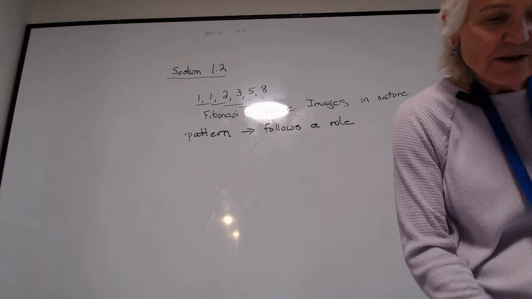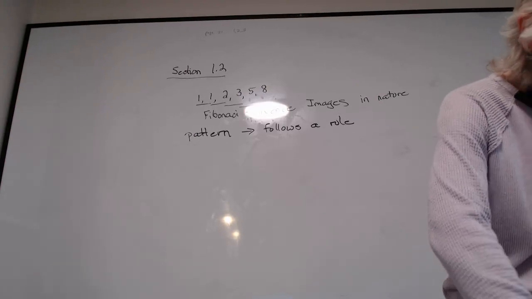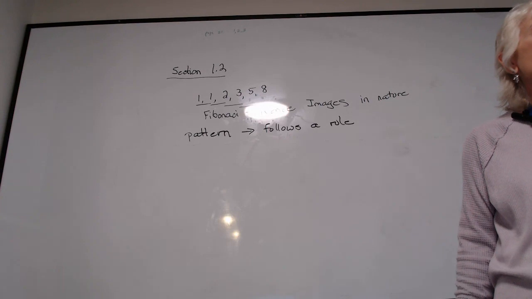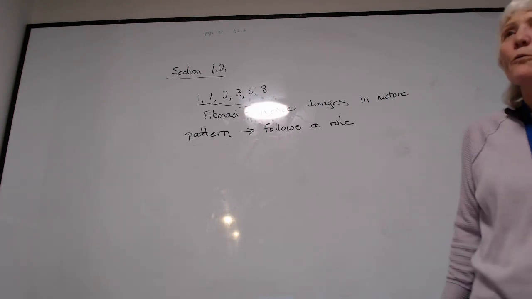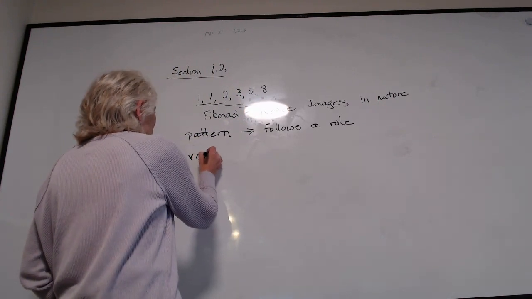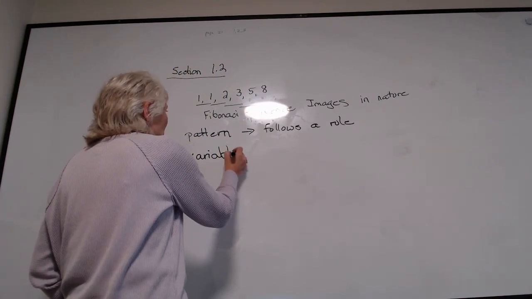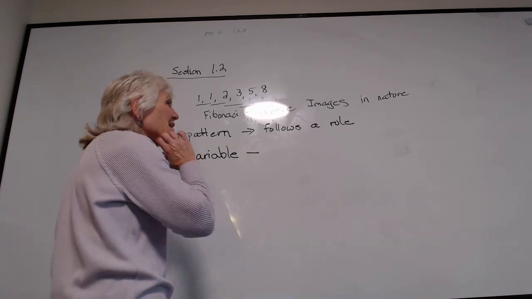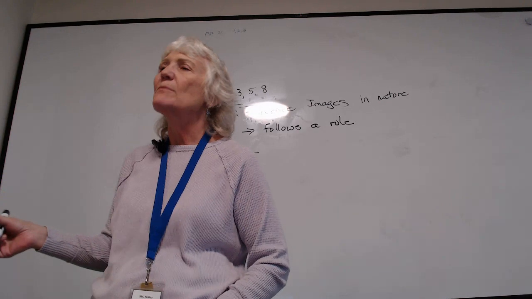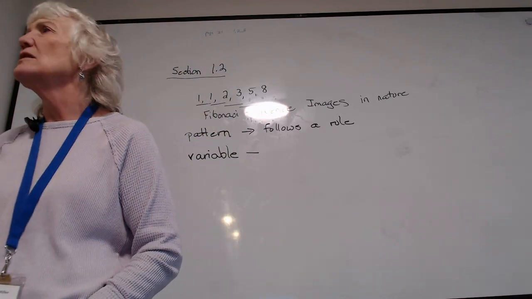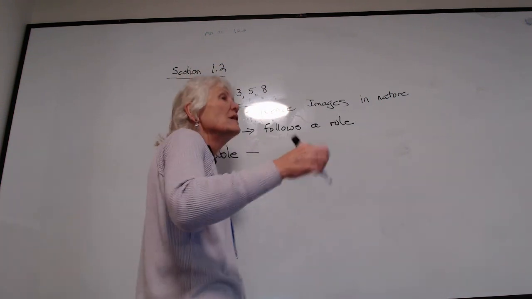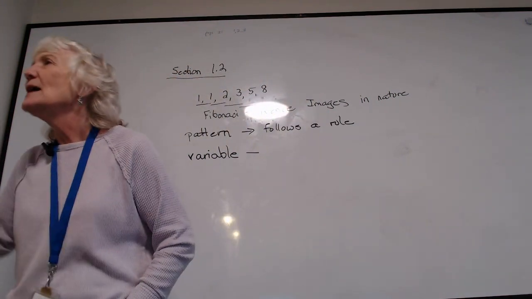So the next thing is, to describe the patterns, we need to know what a variable is. A variable is going to be defined as a letter, usually a small letter. It can be capitalized, but most of the time we use small letters that represent the instance, or where it falls in the pattern.